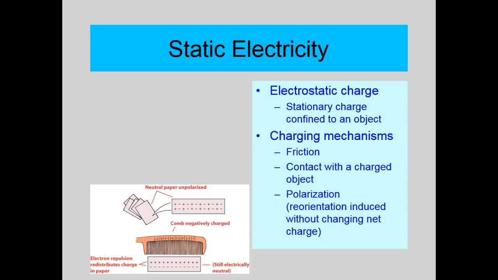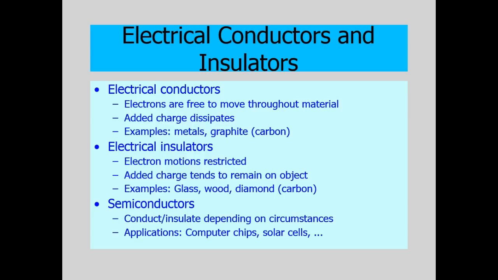So that's what we mean by polarization. Not a net charge, but an induced charge. All right. And the static charge as you get from clothes in the dryer or wherever, they all sort of act that way. So let's look now, this is on the bottom of page 143, electrical conductors and insulators.